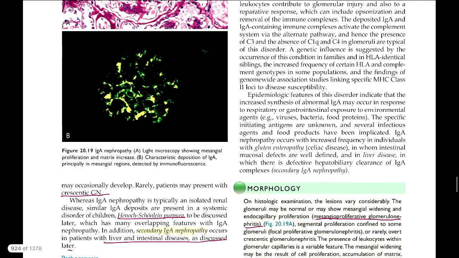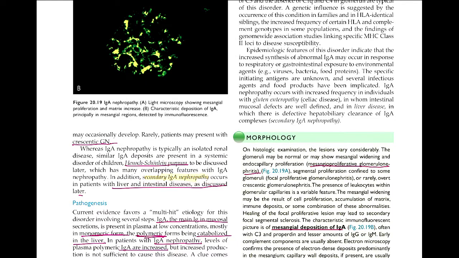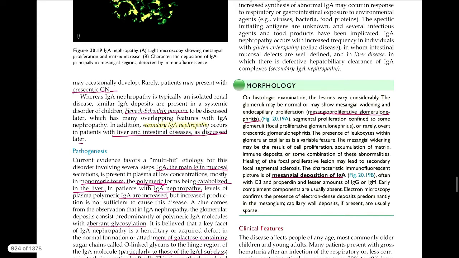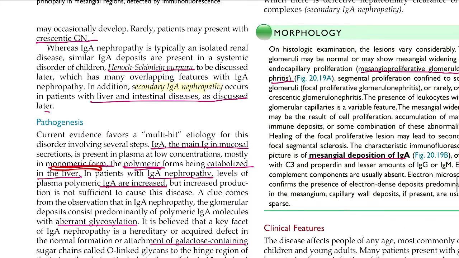Now, we talked about primary and secondary forms. In the secondary form there will be involvement of the liver and also the intestine. We talked about pathogenesis: IgA exists in two forms, monomeric and polymeric. The polymeric form is removed from blood or catabolized by the liver.